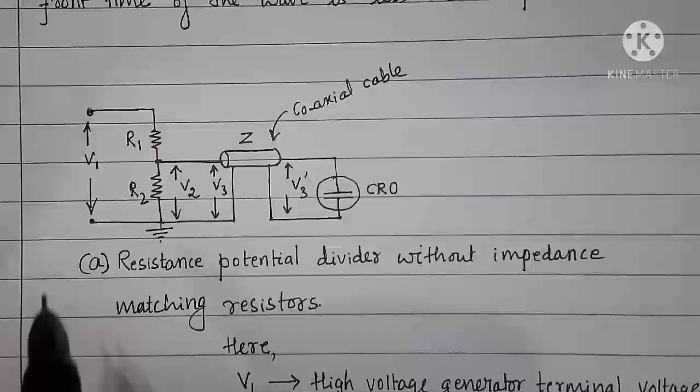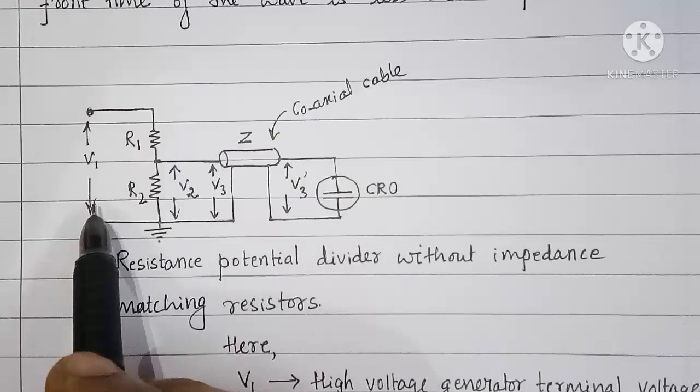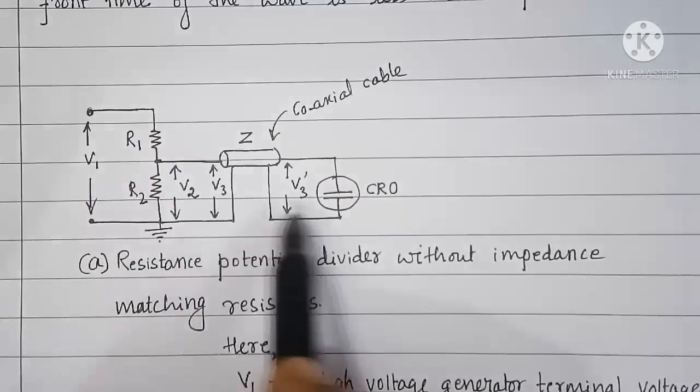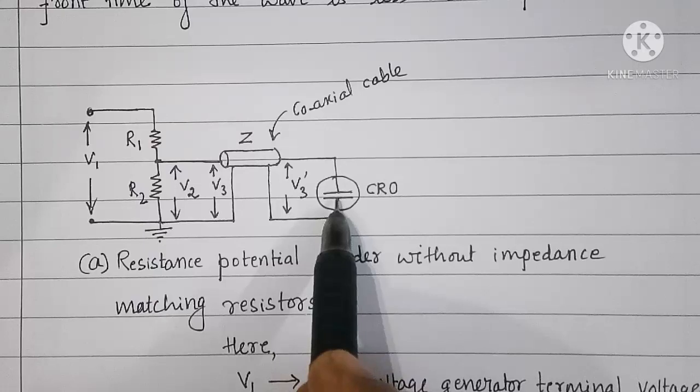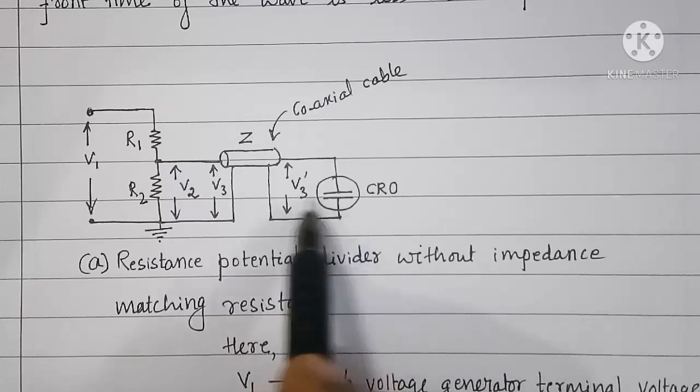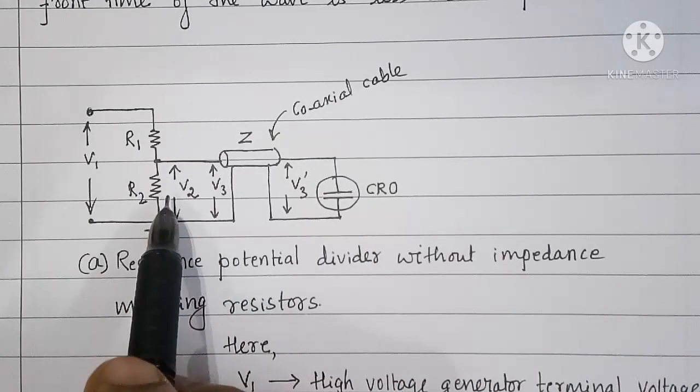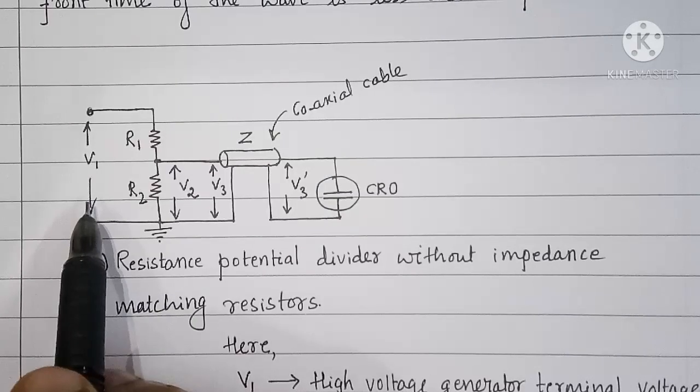In this arrangement, the measuring instrument is kept away from the potential divider and the high voltage generator.